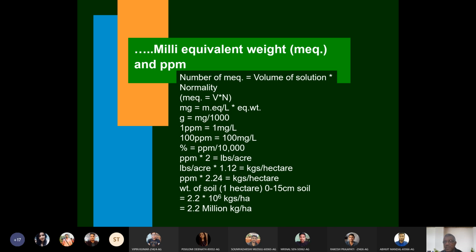Suppose it is 0.01 normal, or 0.2 normal, and you know the volume. The volume used was 10 ml, and the strength was 0.1 normal. So it comes out to be 1 milliequivalent of nitrogen.